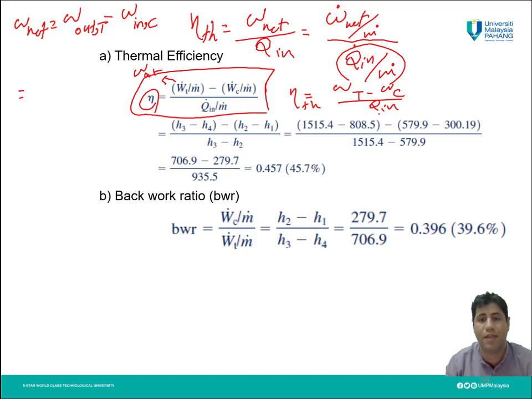WT, WC, and Q in based on unit mass can be written like this. W dot T divided by M dot is WT, which is equal to H3 minus H4. W dot C divided by M dot is WC, which is equal to H2 minus H1.